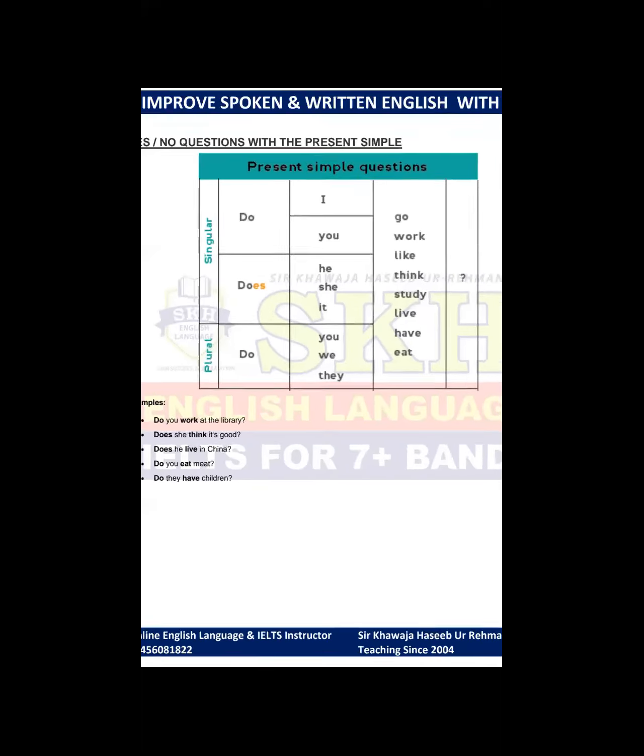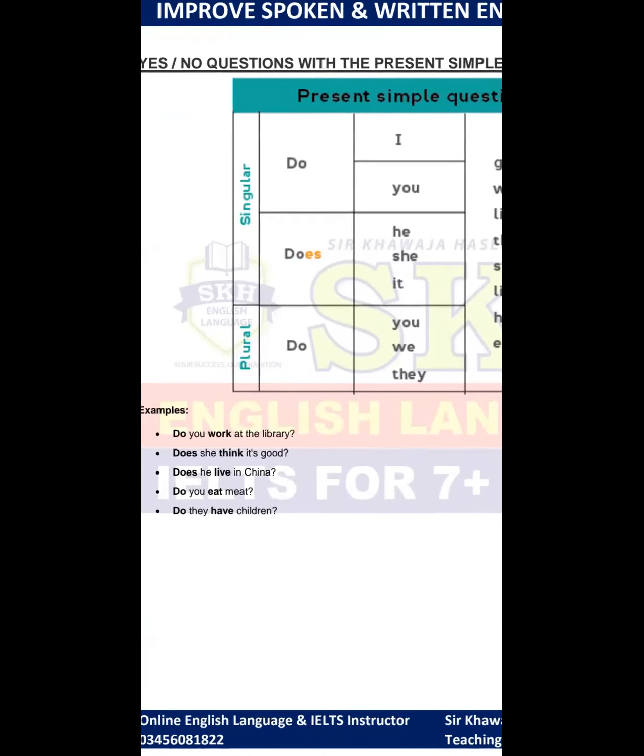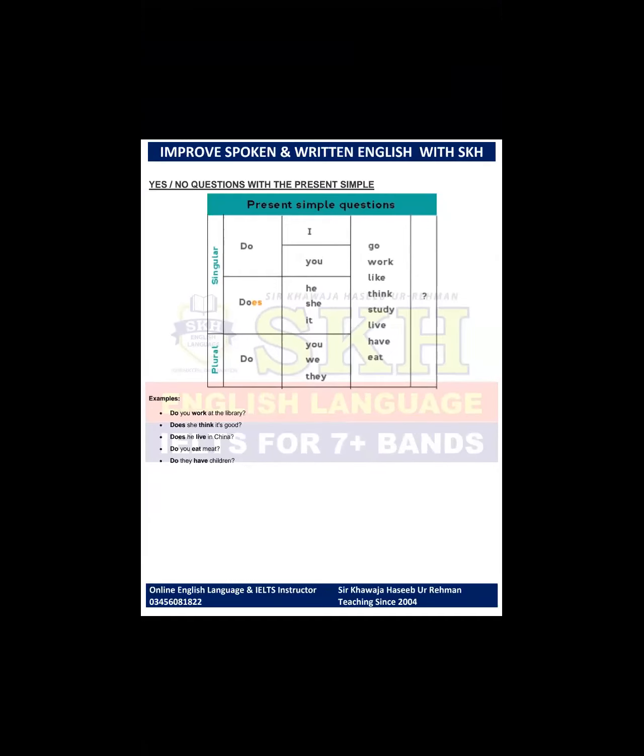Some of the questions are also here. Do you work at the library? Does he think it's good? Does he live in China? Do you eat meat? Do they have children? Okay, these are the positive, negative, and the question of the present simple. Present simple basically means repetition, facts, habits. So that's why we use it.